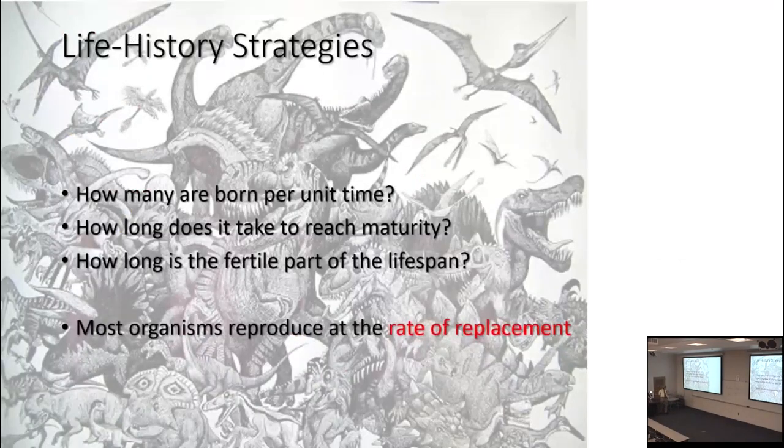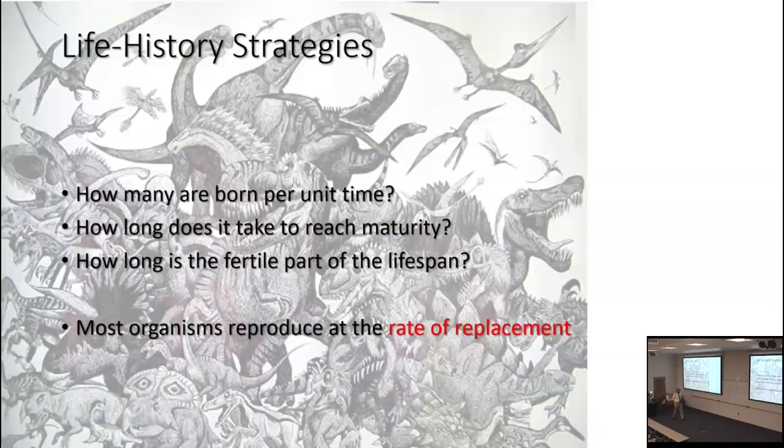Now, this sort of data we can incorporate in aspects of ecology and biology that are known as life history strategies. Life history strategies are ways of looking at how evolution has shaped things like the number of babies born, the lifespan, how long it takes to reach maturity, and so forth, and that different types of patterns tend to be widespread among different types of organisms, different strategies to reproducing, with the goal of reproducing at about the rate of replacement.